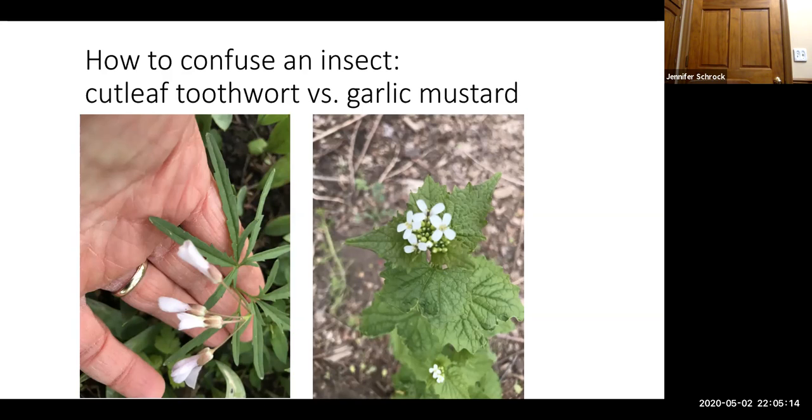And one thing that happens when they're in the same area is that this one butterfly that has caterpillars that can only eat cutleaf toothwort, that's its host plant, will get confused by this garlic mustard because it's a closely related species and puts out some of the same chemicals. But if the butterfly lays its eggs on garlic mustard, its caterpillars can't eat that plant and they die. And in the case of this species that's endangered, I think, that can be a problem.